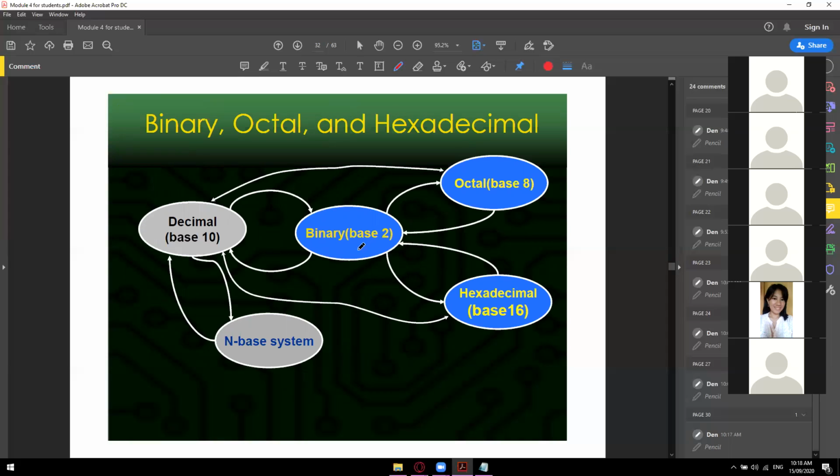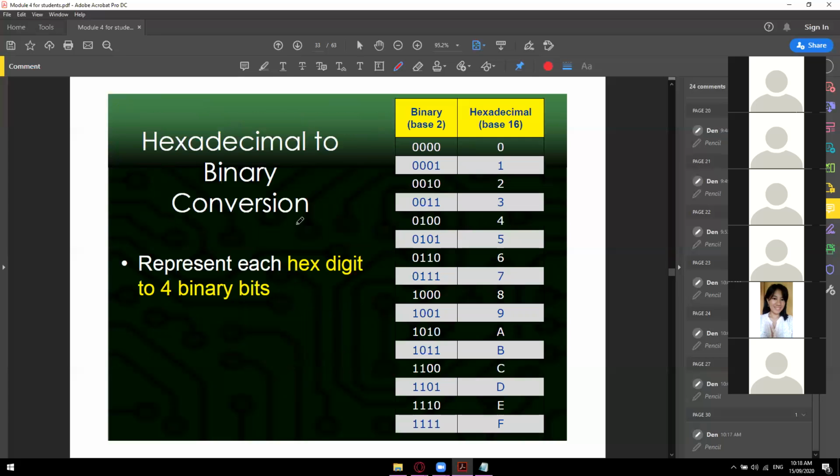As a summary, you can convert decimal to n-base, decimal to binary, octal, hexadecimal, and so on. This graph is a bit messy, but you can convert it like that. Alright, so next one is hexadecimal to binary conversion.